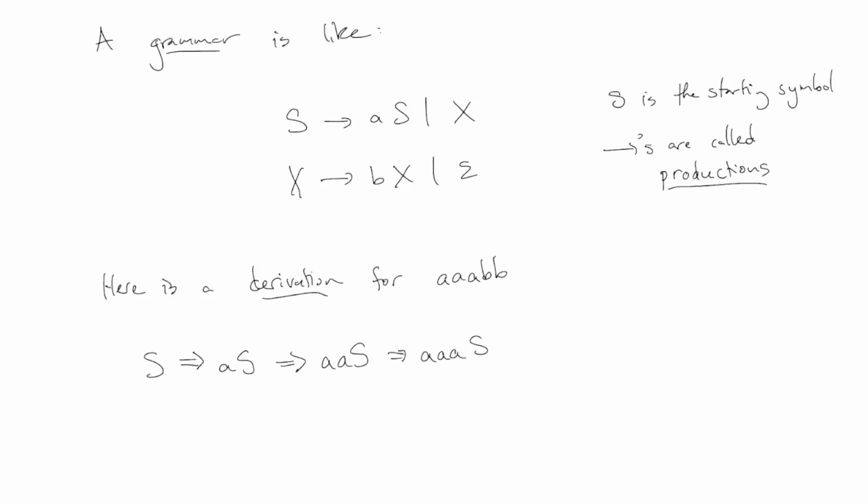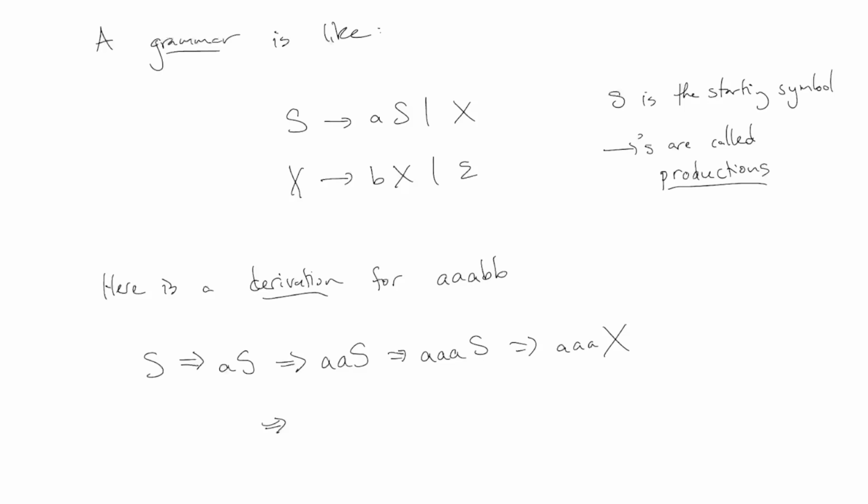All right, next. Remember, I'm trying to build this string, AAABB. I have my AAA. Now I need to make some B's. In order to make B's, you can tell by looking here, you make B's by using X. So my next step will be to substitute S goes to X. S became the X. And now I can do this X goes to BX rule 2 times to get the 2 B's.